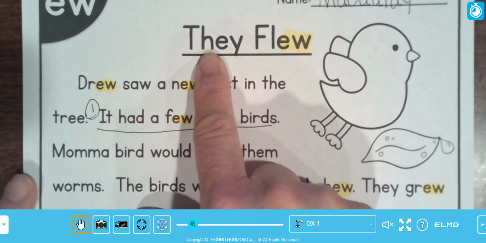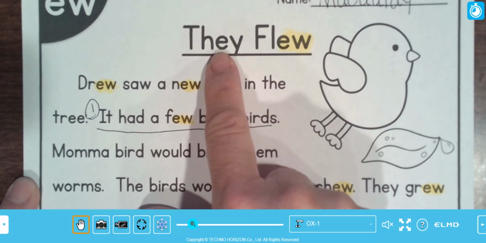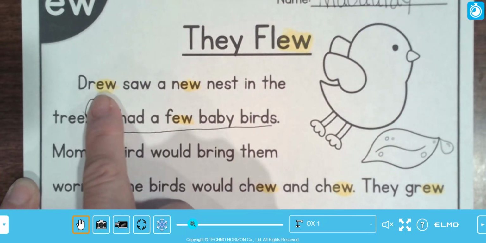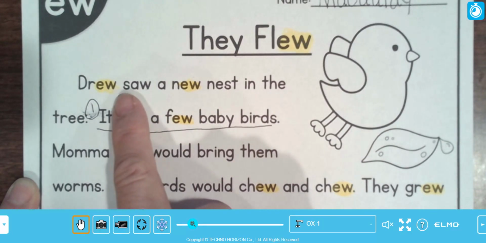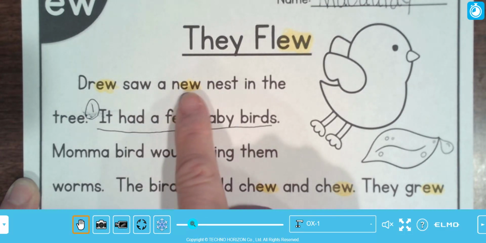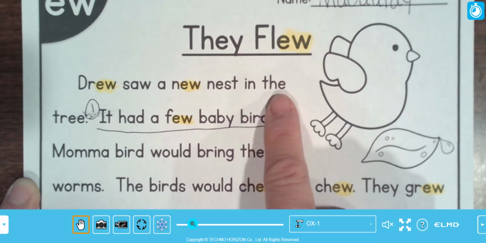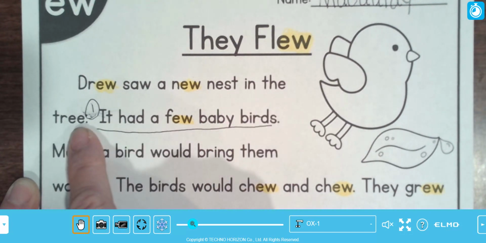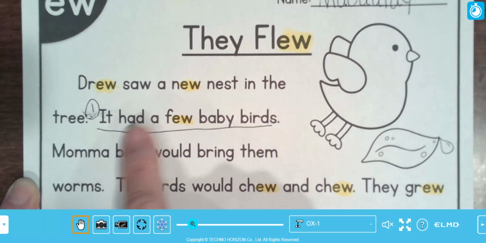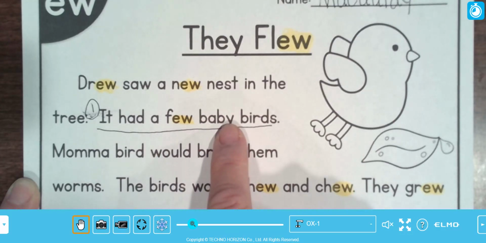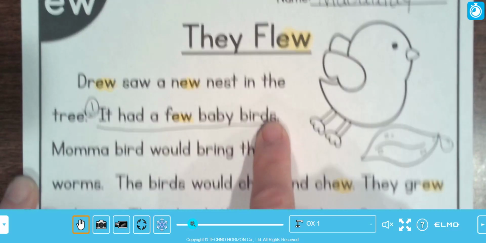Ready? Begin. They flew. Drew saw a new nest in the tree. It had a few baby birds.